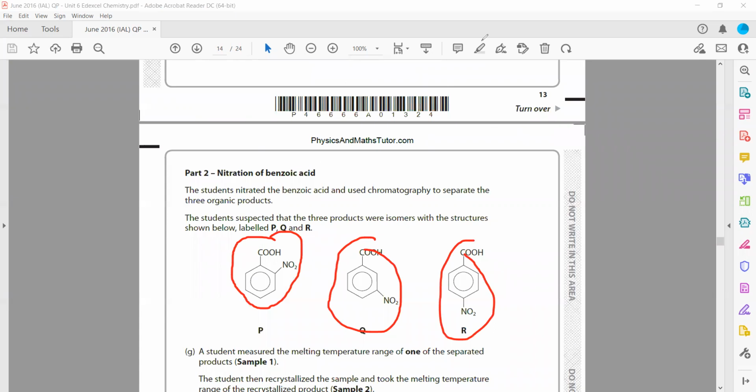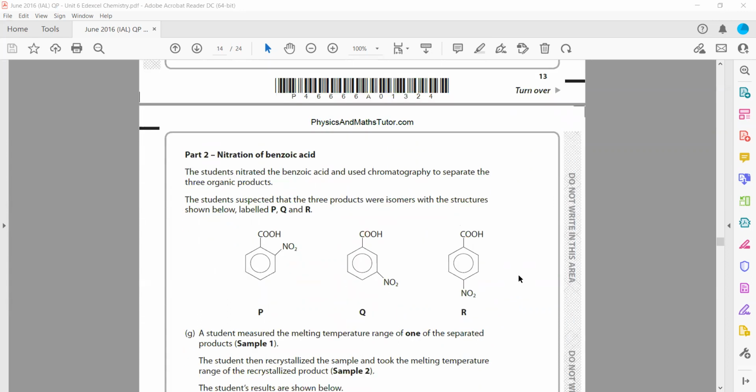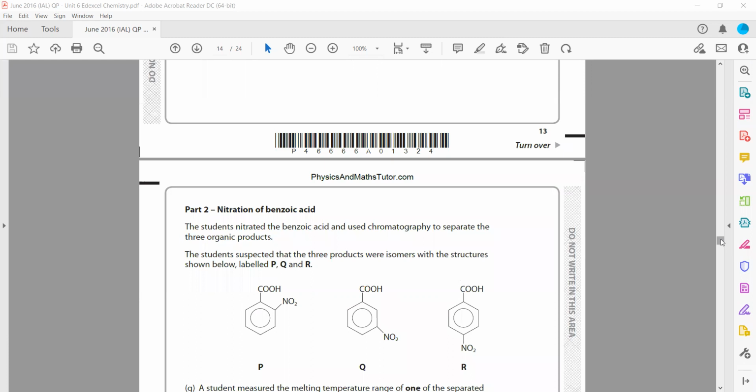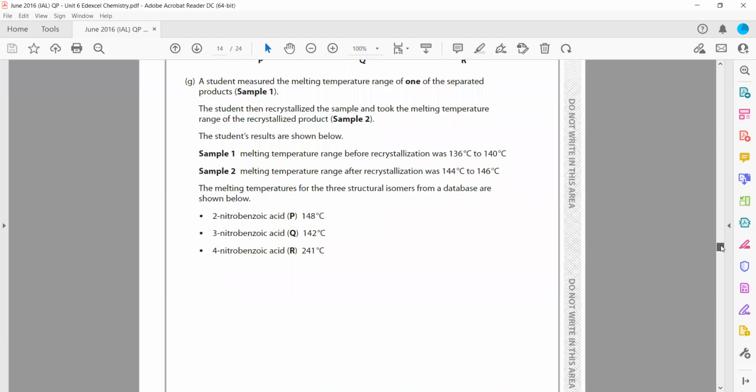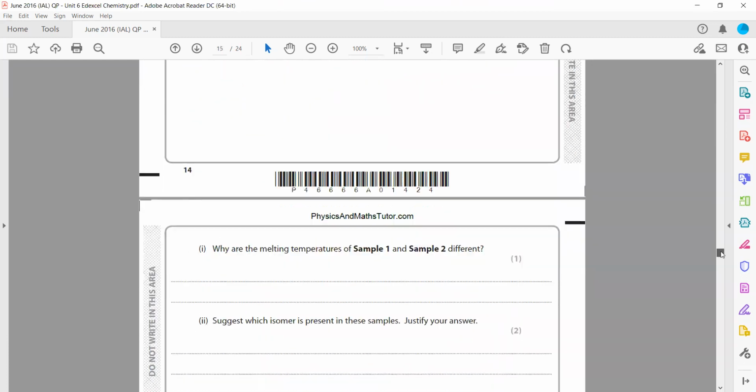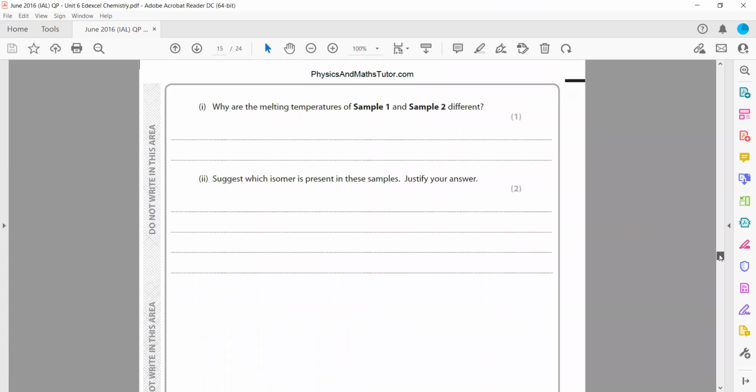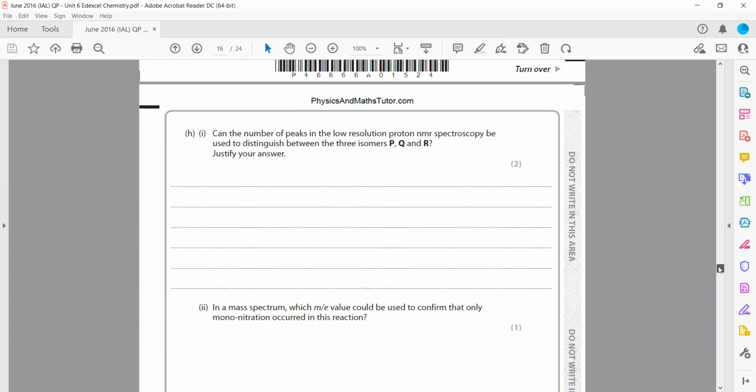Mononitration means one nitro group is attached, but if dinitration is there, 2 nitro groups are attached. Trinitration, 3 nitro groups are attached. So the number of nitro groups attached will change, and the mass to charge ratio will also change. So we just have to find the mass to charge ratio of one molecule, and all will give that peak, the molecular ion peak.